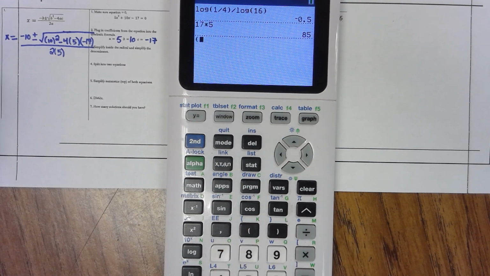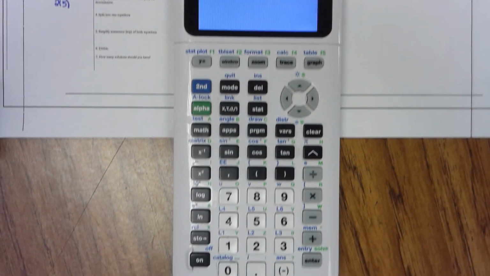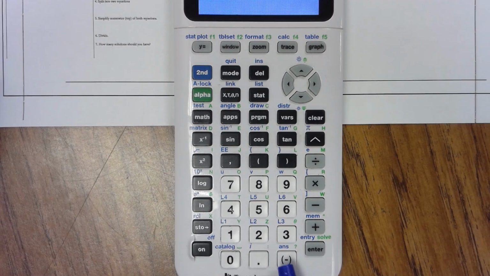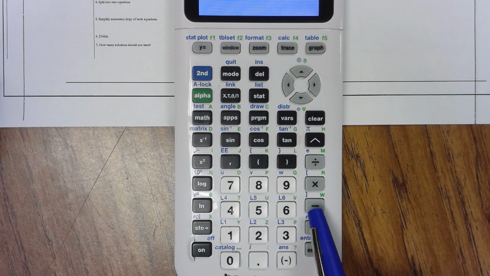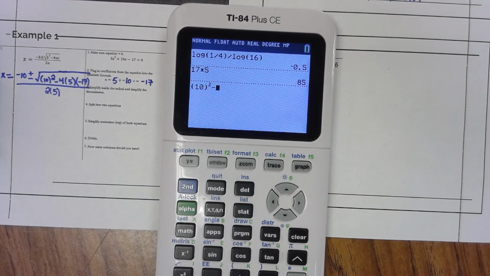So we're going to type everything underneath the square root in at one go. Open parenthesis, then 10, close that parenthesis. This needs to be squared, so I'm going to square it. Now this next part is really important because most calculators have either a negative button or a subtraction button. We want to use the subtraction button because we are subtracting that 4 times a times c.